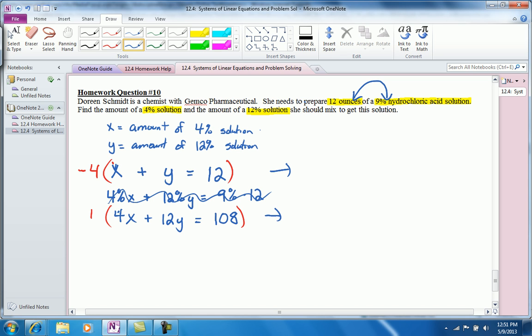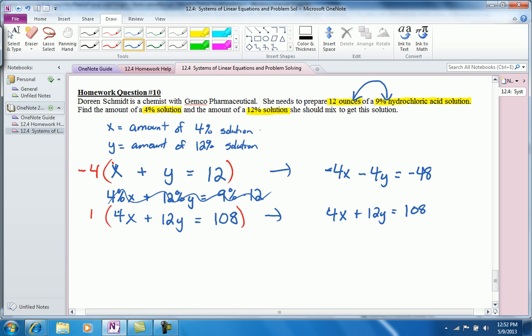So let's distribute -4 times the top equation, and I would get -4x minus 4y equals -48. The bottom equation I'm multiplying by 1. It will not change. It will be 4x plus 12y equals 108.